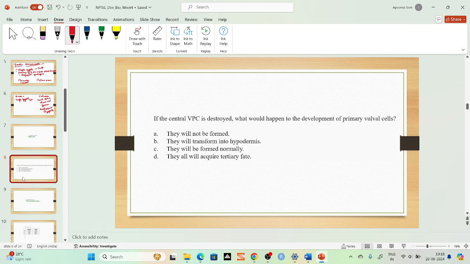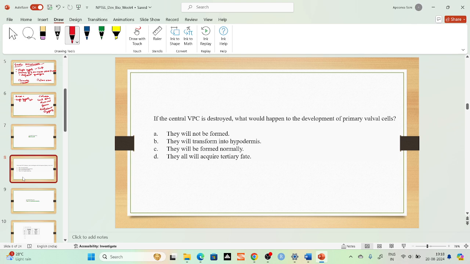I'll just try to brief it out. What is VPC? VPC stands for vulval precursor cells. So basically in C. elegans, the development of vulva involves a series of interactions between different cells, particularly the anchor cells and the vulval precursor cells. Okay. So there are many factors involved.